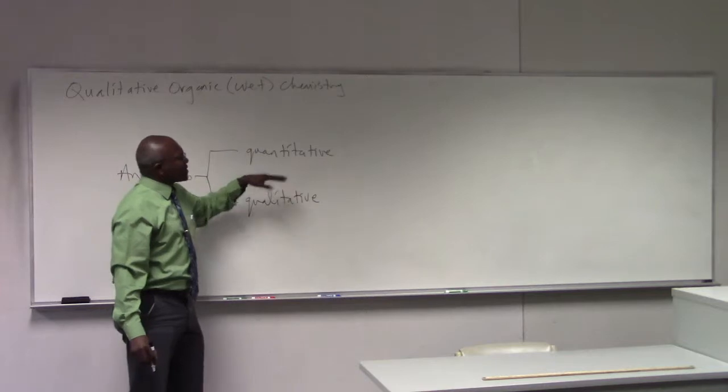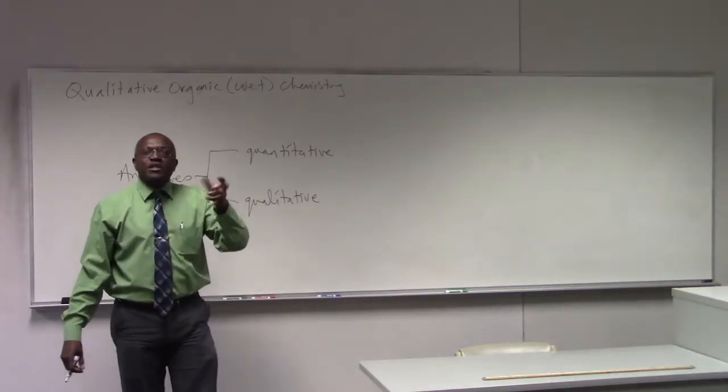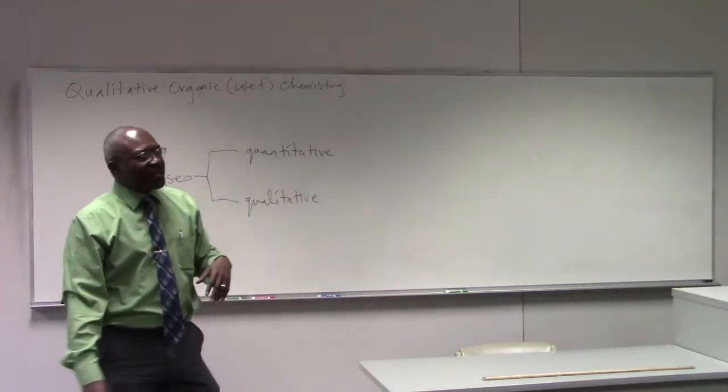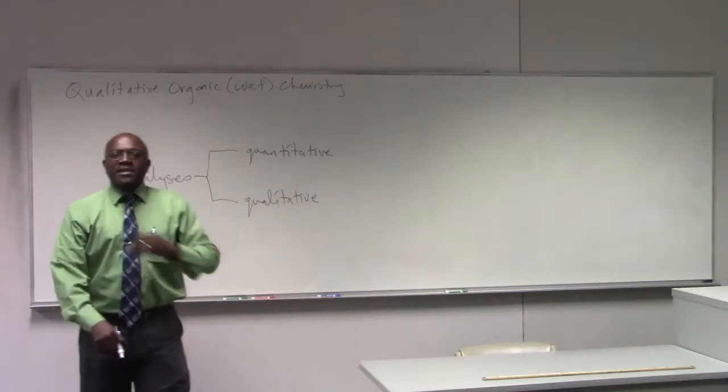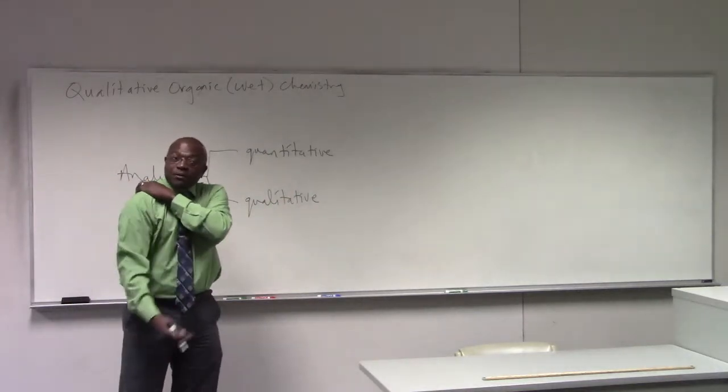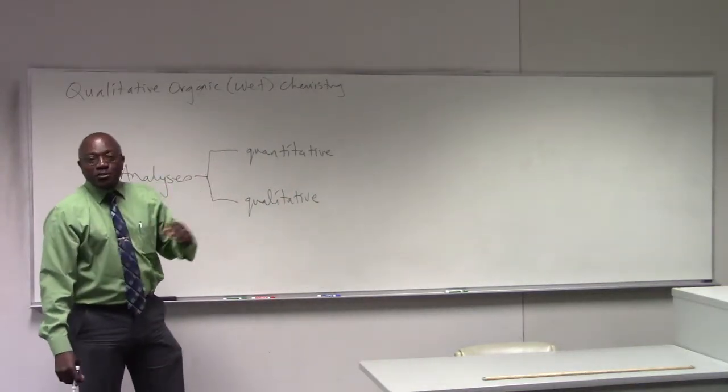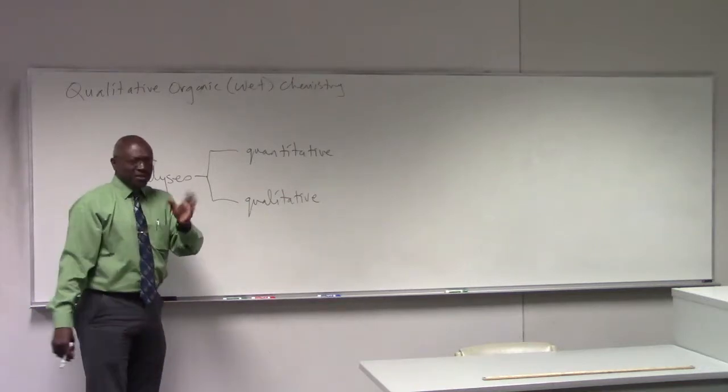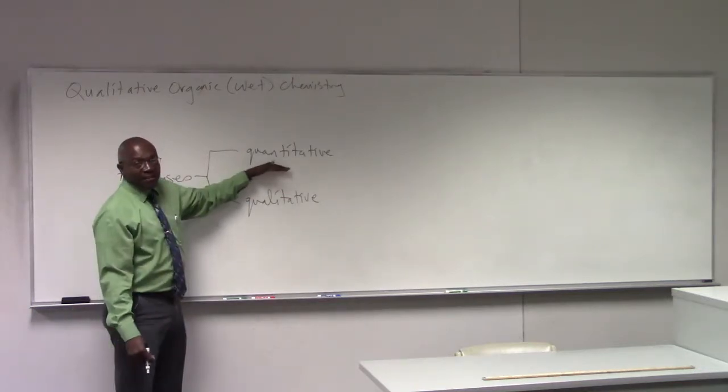Quantitative analyses speak to how much of a substance is present, right? So is it 10 ppm, or a part per billion, or the mass percentage, or the molality, or the molarity, and so on. So that's a quantitative aspect.